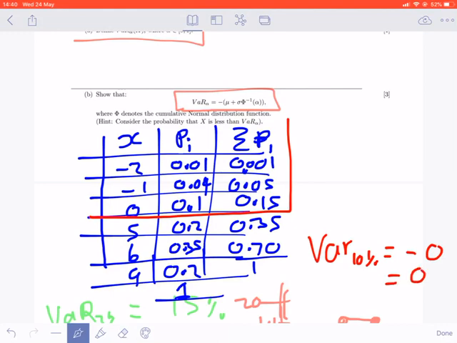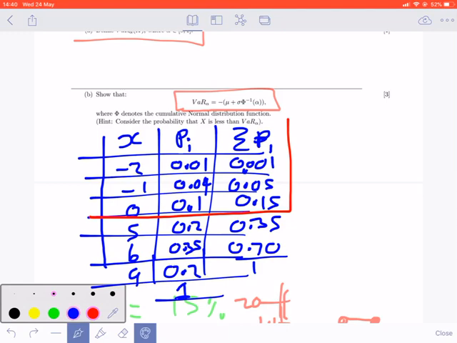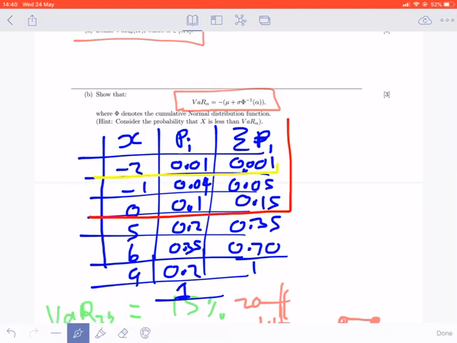I'm not sure if I'm making sense, but let me say they ask you for VaR at a 2% significance level. You can see that 2% falls within this range here. 2% is more than 1%, so it falls above this value here.